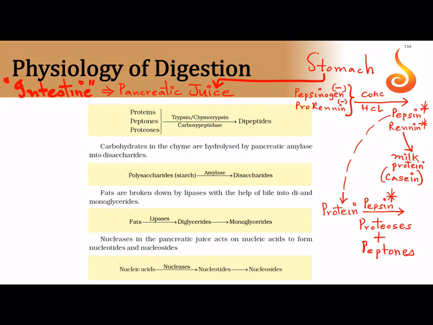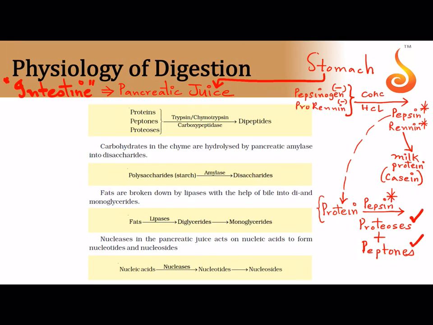Proteoses and peptones are simpler proteins derived from the major proteins present in your food. So this is what happens in your stomach. Not all the protein gets digested, and remember, in your stomach only protein digestion takes place. Of course there are reports of some enzymes in your stomach which may help in lipid digestion, called gastric lipase, but majorly it is the protein digestion that happens. Pepsin breaks down protein into proteoses and peptones.